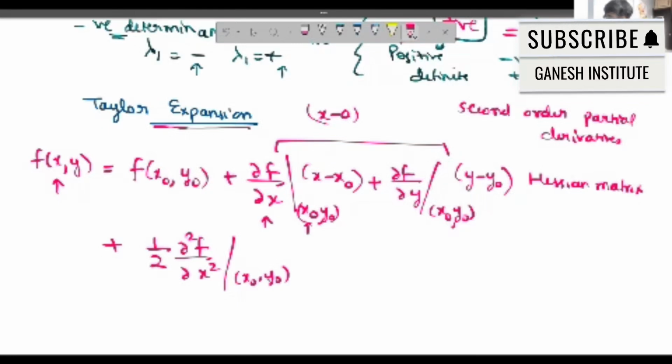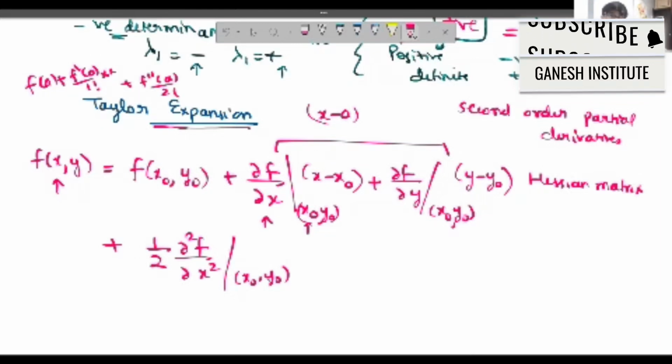So what I'm doing, you remember that it is f(a) plus f dash a upon 1 factorial into x plus f double dash a upon 2 factorial x square. So that's what I'm doing. So for first order, I have used differentiation with respect to x and with respect to y. And these are the points, the difference.